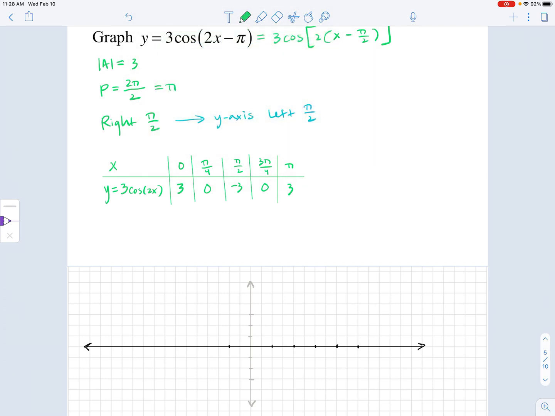So now I'm ready to graph the points that are in that table. So I have 0, 3; pi over 4, 0; pi over 2, negative 3; 3 pi over 4, 0; and then pi, comma 3. So that's 1 period.